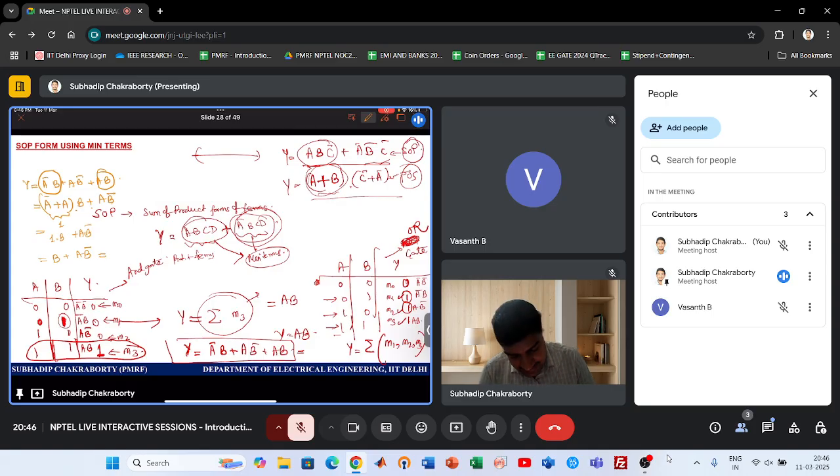Then you can write it as A plus B. How can you tell me? By rule of redundant literal. How this is, I will just make the proof to you. But you remember every time that A plus A bar times some term will be equal to A plus that term.